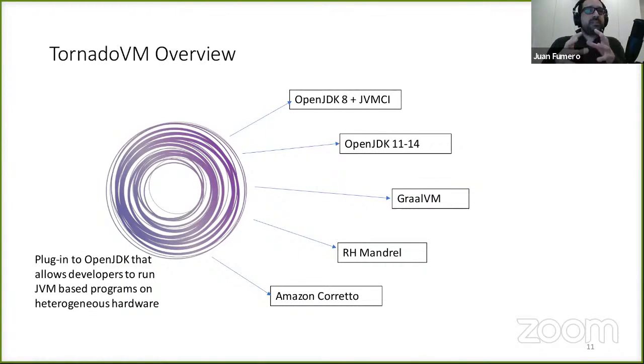TornadoVM can run with the main JDK vendors like OpenJDK 8, OpenJDK 11 until 14, for example. We can run with Red Hat Mandrel or Amazon Corretto, and also on multiple operating systems. One other thing I want to highlight is this project came from the university. So it's a research project. It's not a product. Just something to keep in mind.